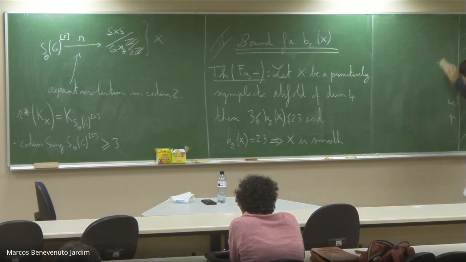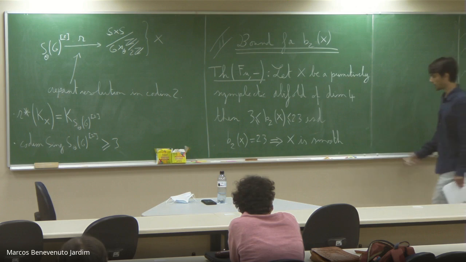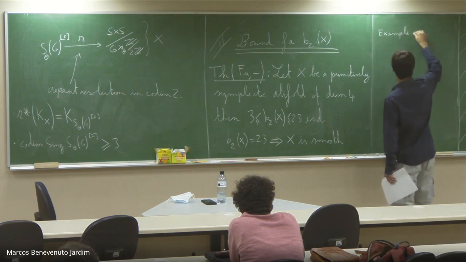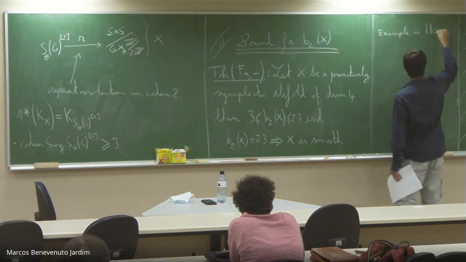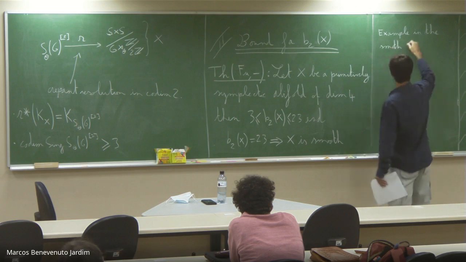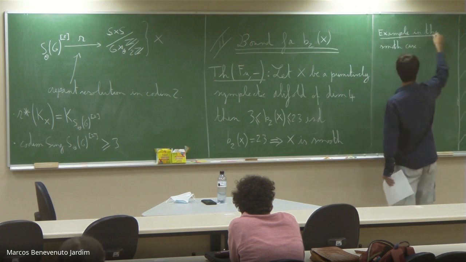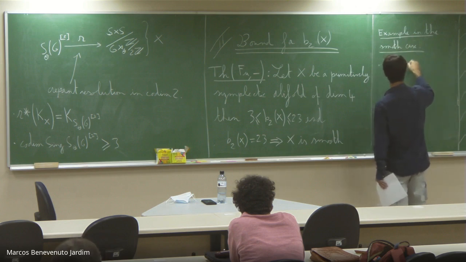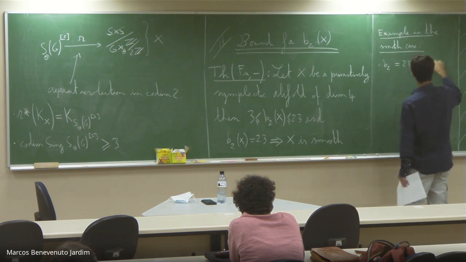Actually, this is a generalization of a theorem that already existed in the smooth case. In the smooth case, it's a theorem of Beauville and Fujiki. And in the smooth case, we have very few examples. There are only two examples, B2 equal to 23 and B2 equal to 7.